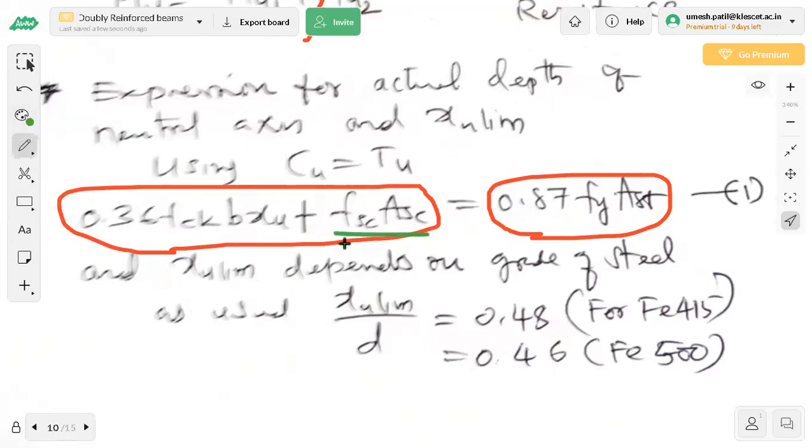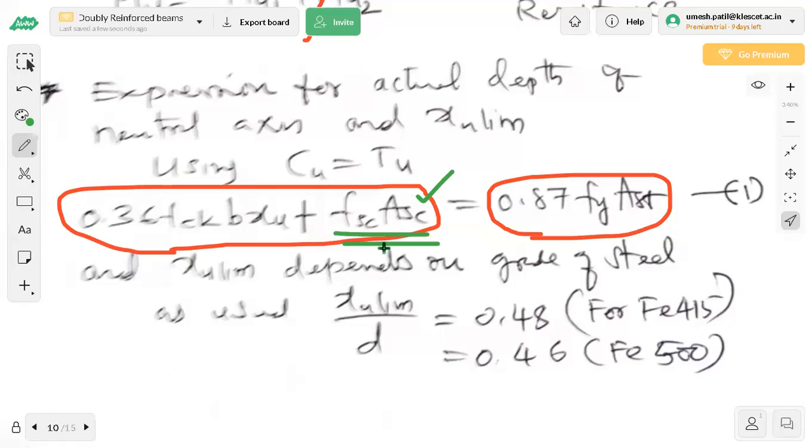This is extra here. If you substitute this as 0, let us say Asc is 0, let us say rods are not there in the compression zone, this will be 0. You can see the formula becomes that of a singly reinforced section. What was the formula? 0.36 fck b Xu is equal to 0.87 fy Ast.